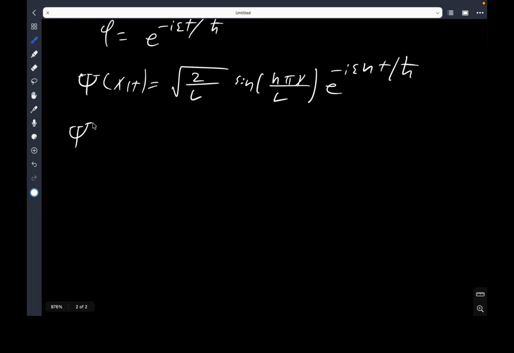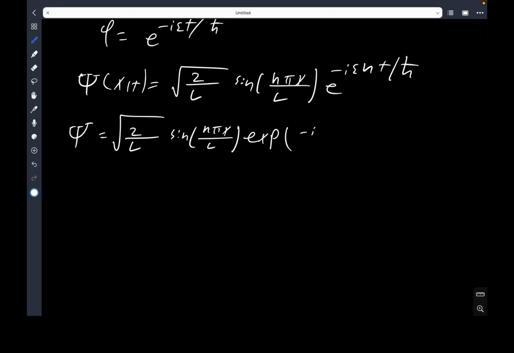Explicitly, I'm able to write it as square root of 2 over L sine of n pi x over L times the exponential of negative i n squared pi squared h bar squared over 2m L squared times t.